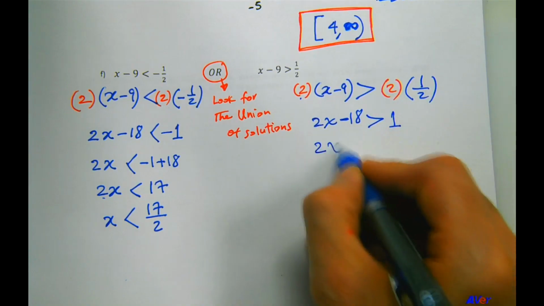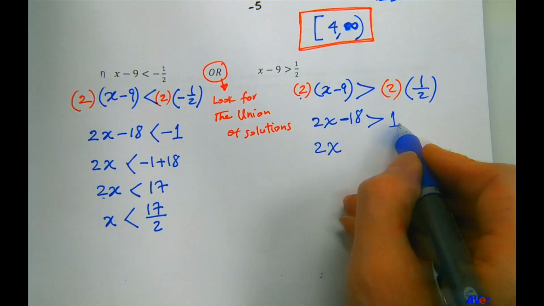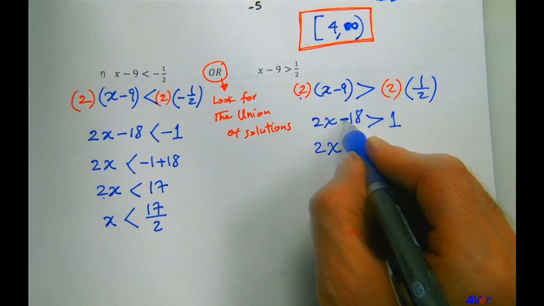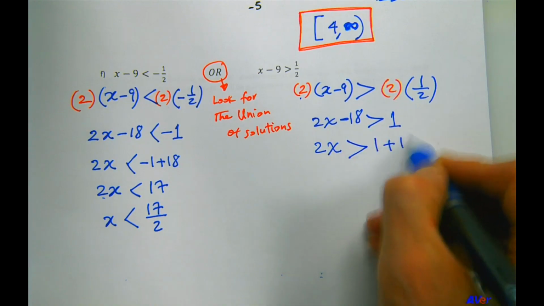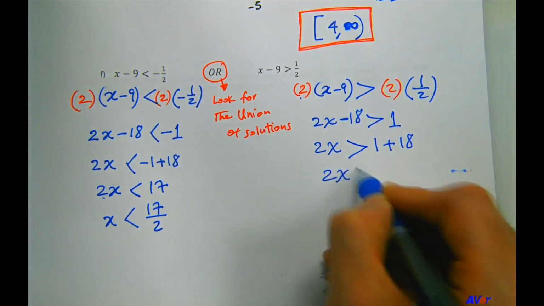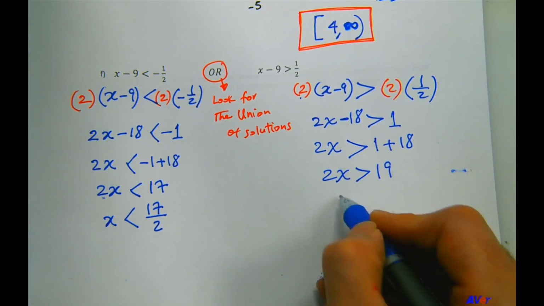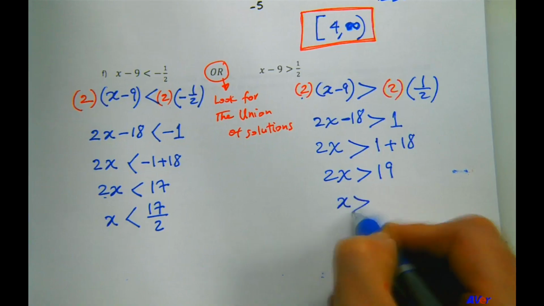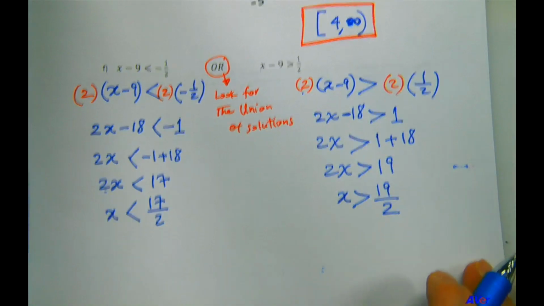Okay, so let's move this negative 18 to the other side. When we do that, we change the algebraic sign, right? 2x greater than 1 plus 18, 2x greater than 19, right? So let's solve for x by dividing both sides by 2, 19 divided by 2.